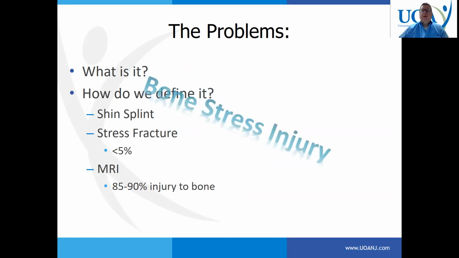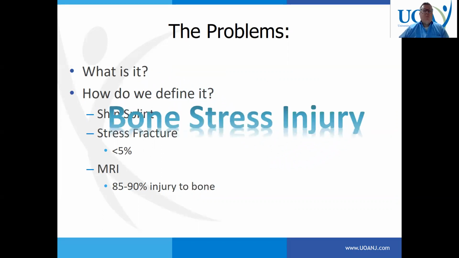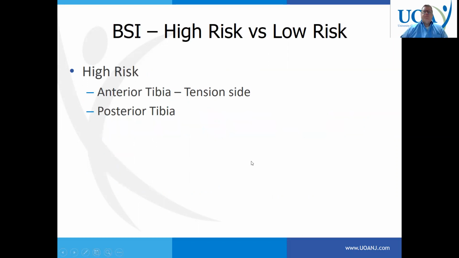So I think it's about time we call these things bone stress injury, because the term defines a gamut, a phase of injury from just a little irritation to a complete fracture, and all of them cause shin pain, and most of them involve injury to the bone.